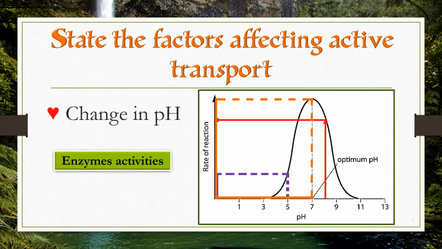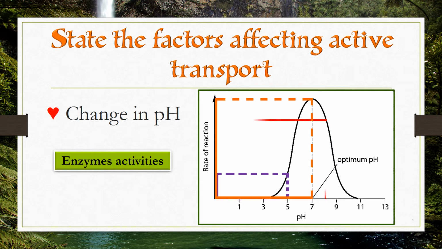This means that the enzymes do not work well in alkaline medium. So by changing the pH from neutral to alkaline, that one is going to affect the activity of the enzymes, because as you make the pH alkaline, you are denaturing the enzyme.